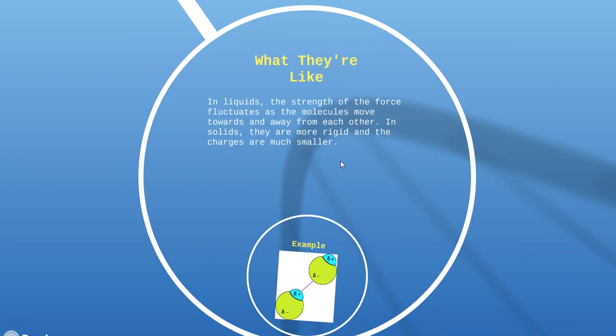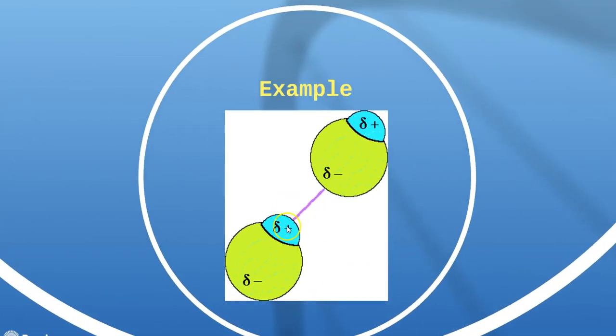Even when it's a liquid, those dipole-dipole bonds are going to be created by this partial positive or this partial negative charge. They're going to temporarily be attracted to each other, and that's what holds liquids together. This is one of the things that holds something like water together.